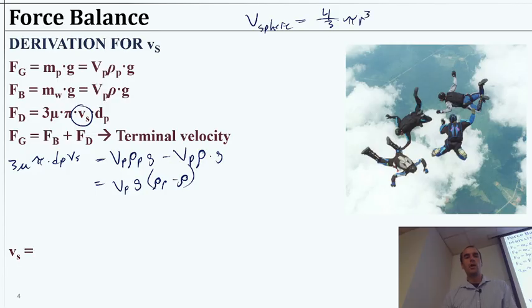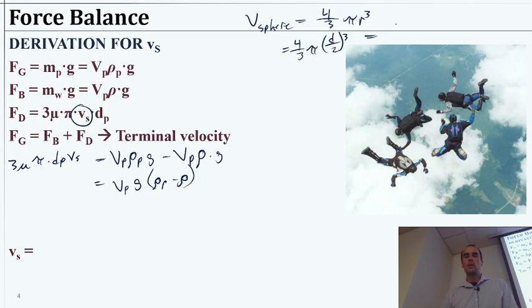Okay, and if we want to change that to diameter, we would say 4 over 3 times pi times diameter over 2, and cube that whole thing. 2 cubed is 8, 8 times 3 is 24, and 4 over 24 is 1 over 6, right?